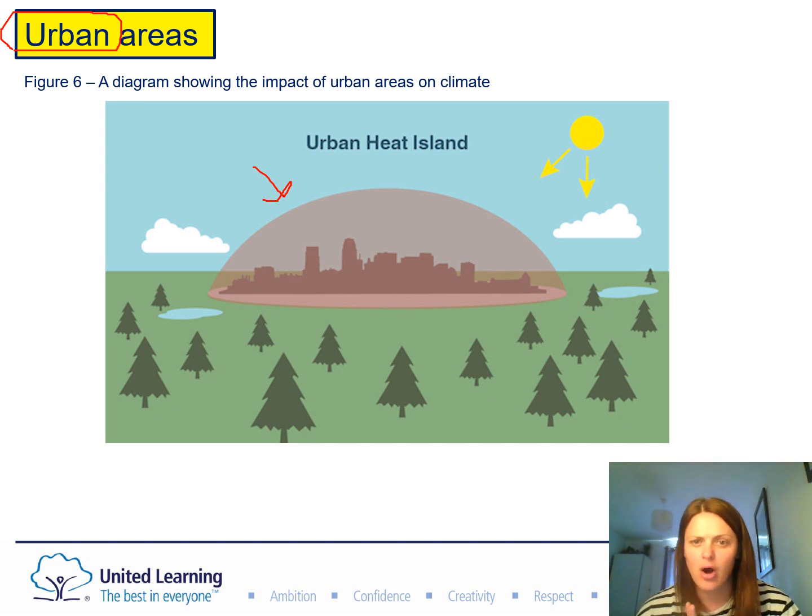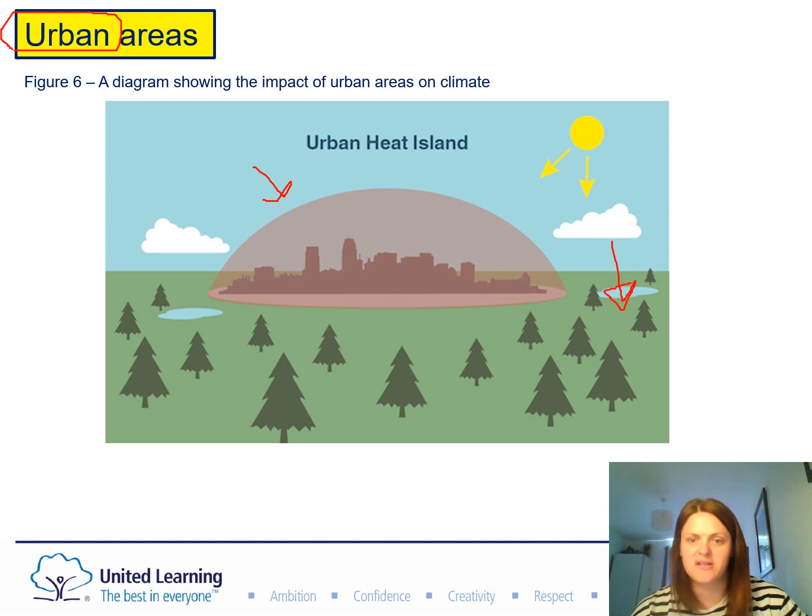So when it's really hot and the sun is out and the sun has been shining all day, those surfaces, those buildings, that tarmac and the concrete absorb the heat and can keep the area warmer for a longer period of time. Whereas if you went out to the countryside, we don't get that surface material.